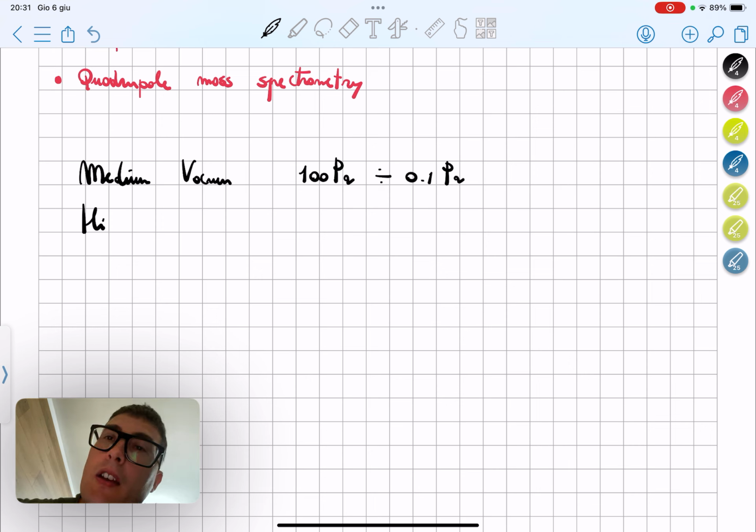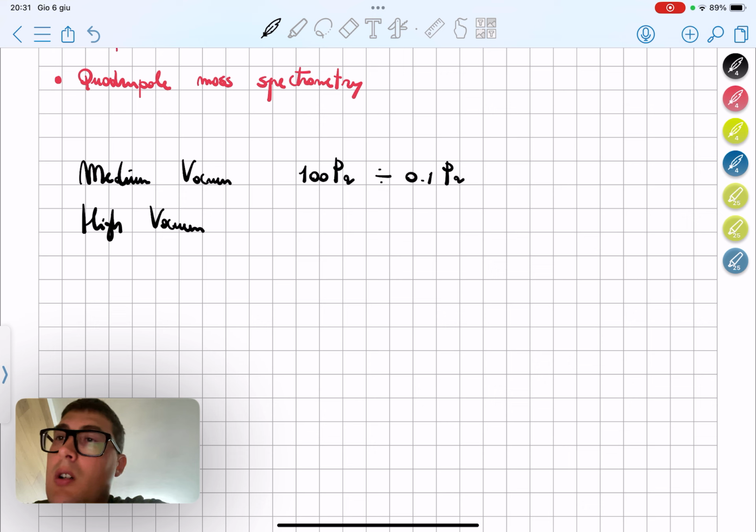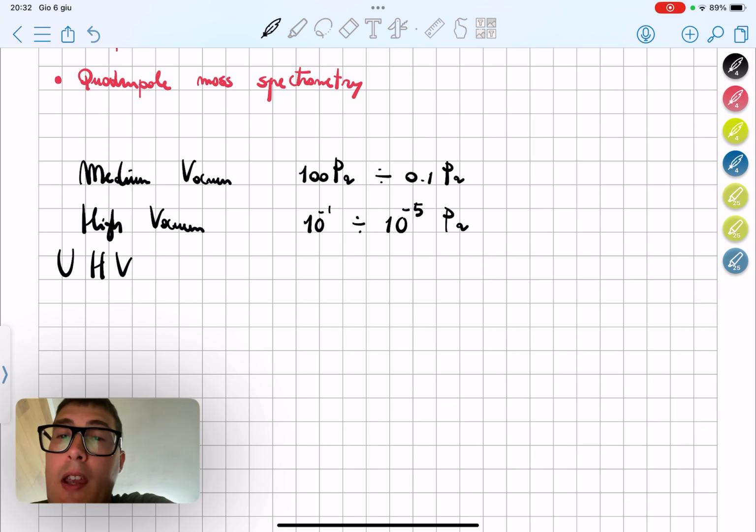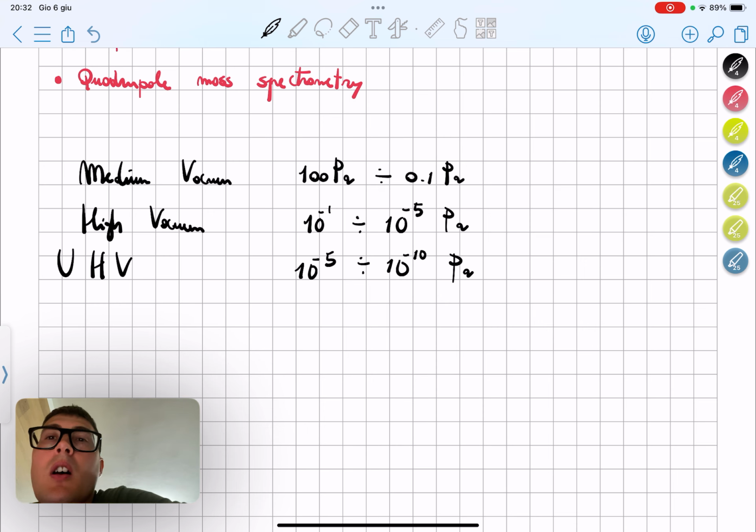With high vacuum, we think of something that goes from 10 to the minus 1 to 10 to the minus 5 Pascal, and ultra high vacuum, which is UHV, is 10 to the minus 5 to 10 to the minus 10 Pascal, okay?